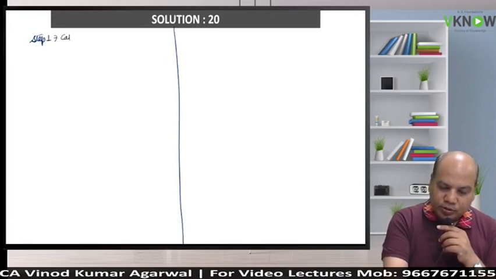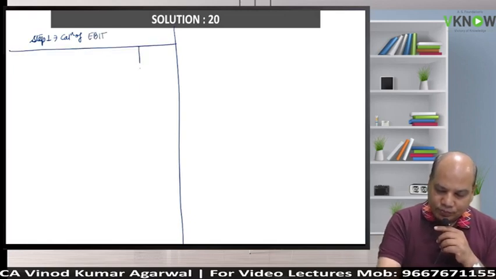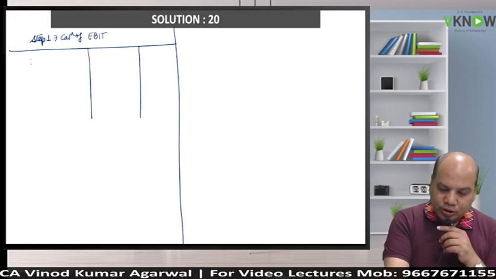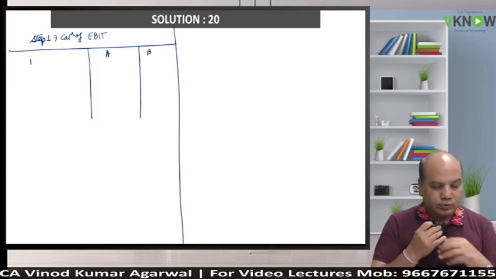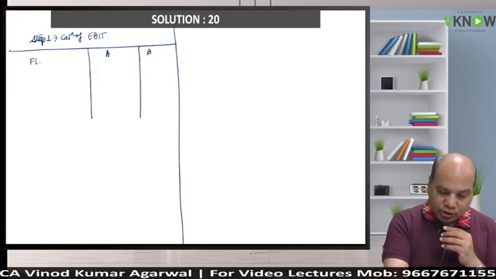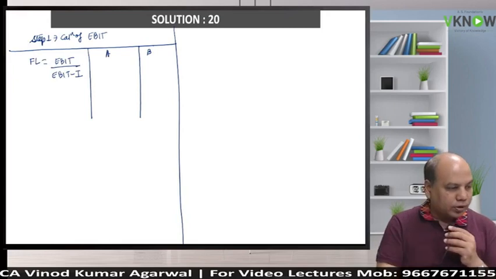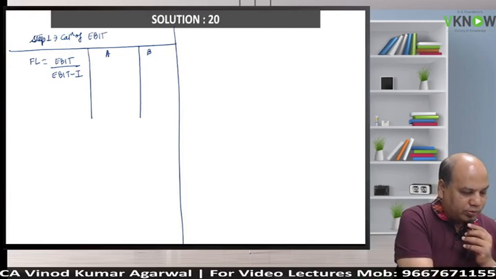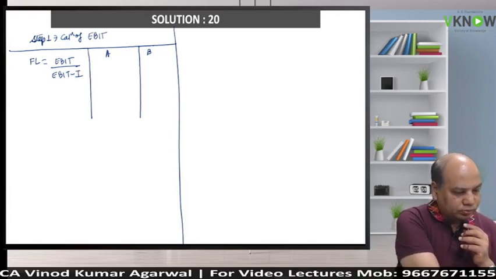First, step 1 will be calculation of EBIT. A Limited, B Limited. The formula is financial leverage equal to EBIT upon EBIT minus interest. For the first firm A, financial leverage is 3:1.